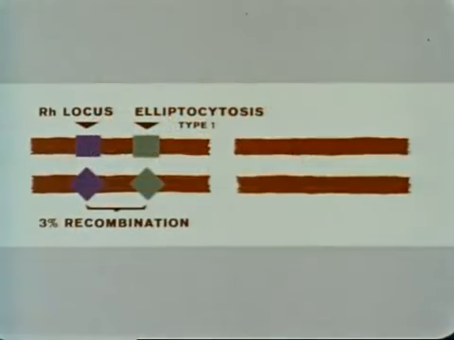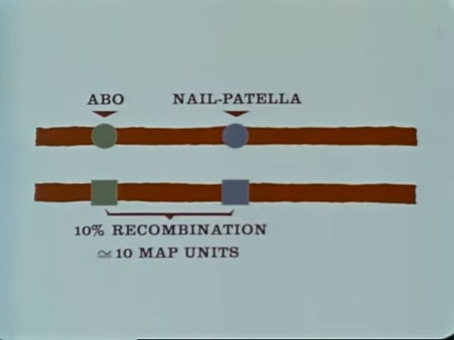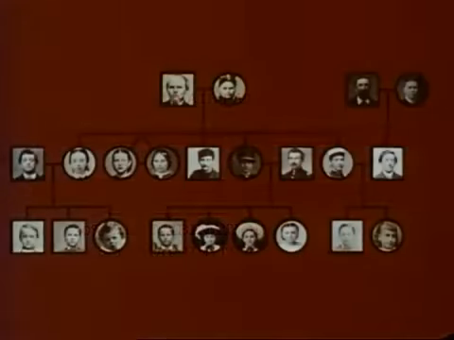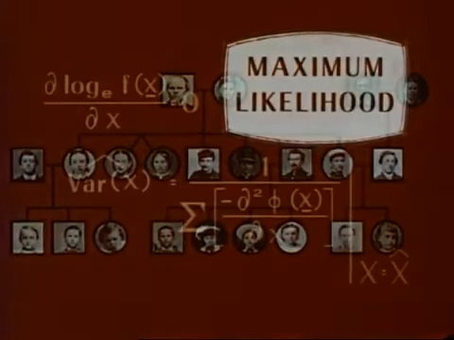In addition to the linkage of the Rh locus with that for one form of elliptocytosis, linkage has been demonstrated between the ABO blood group locus and the locus for the so-called nail-patella syndrome. The loci are thought to be about 10 map units apart. For the study of linkage with these rare diseases, it is necessary to use large kindreds and all available data in each, since there are few of them.